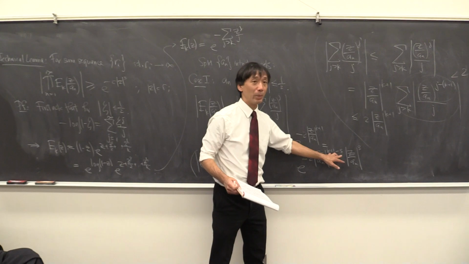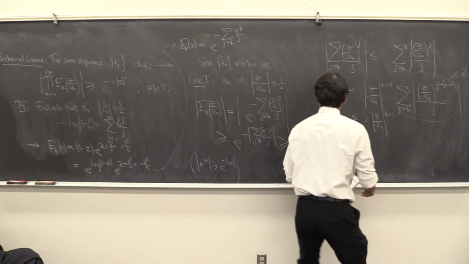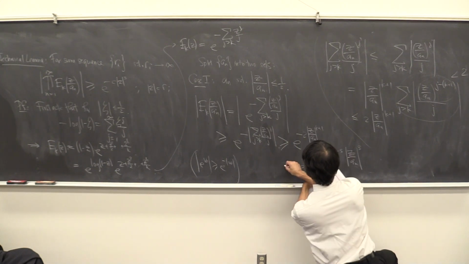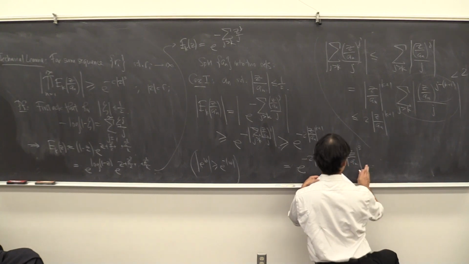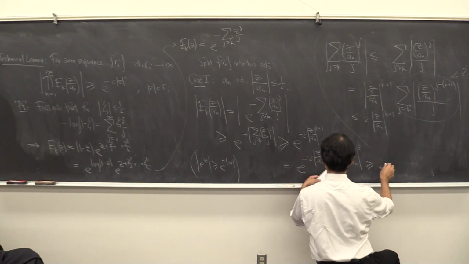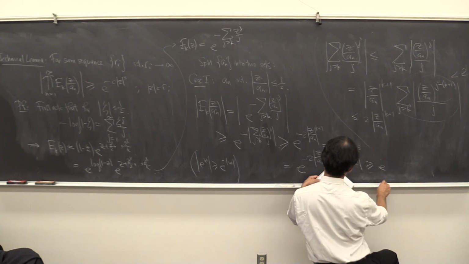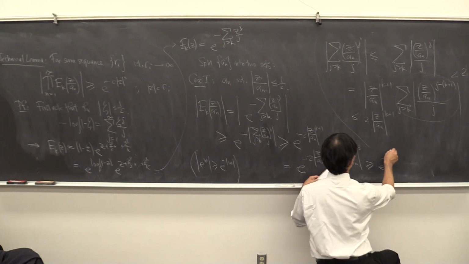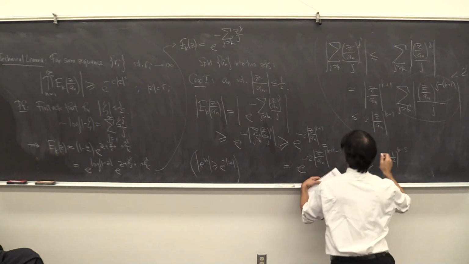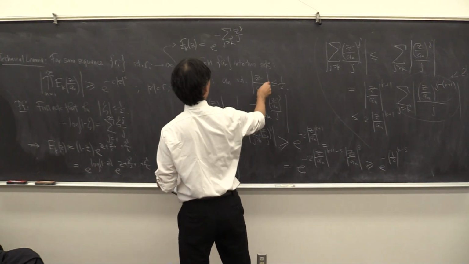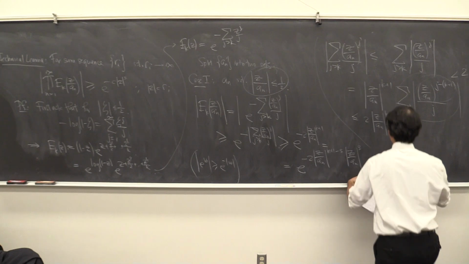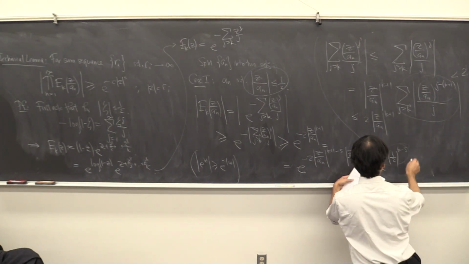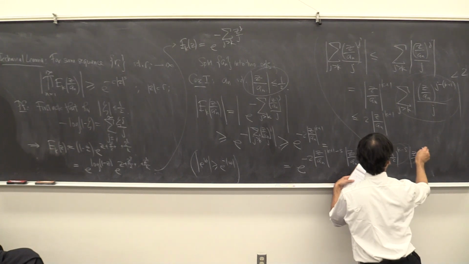So this is a positive value, right? And so we get that this is greater than or equal to e to the negative. We use again the fact that z over a sub n is smaller than a half, and we get this, and we get z over a sub n to the s.